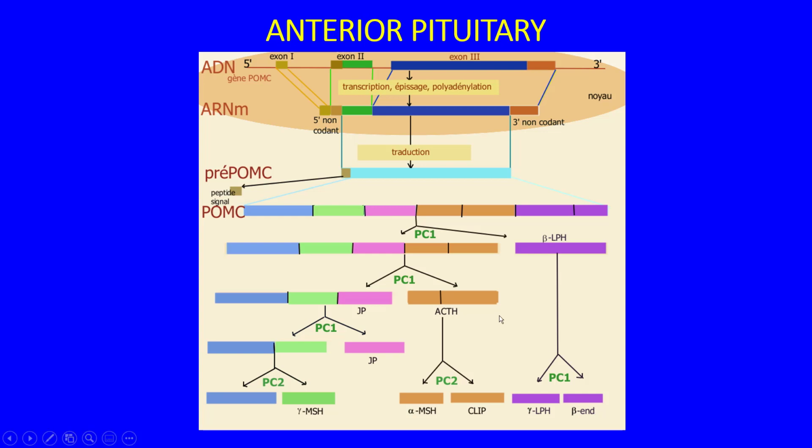If you notice, you keep having these clips here, and some of them end up with viable, useful hormones, such as MSH, both gamma and alpha. ACTH is the big concern because that is going to run what is essential for how we turn on basically the adrenal glands.